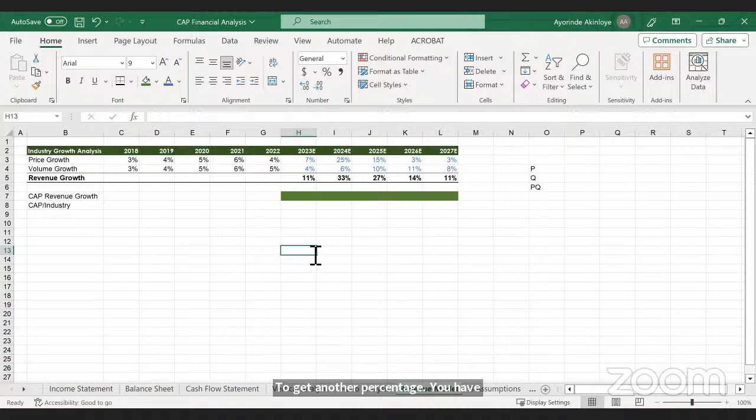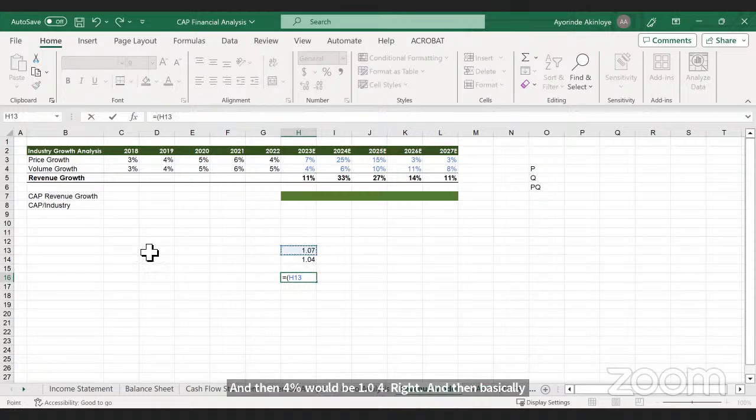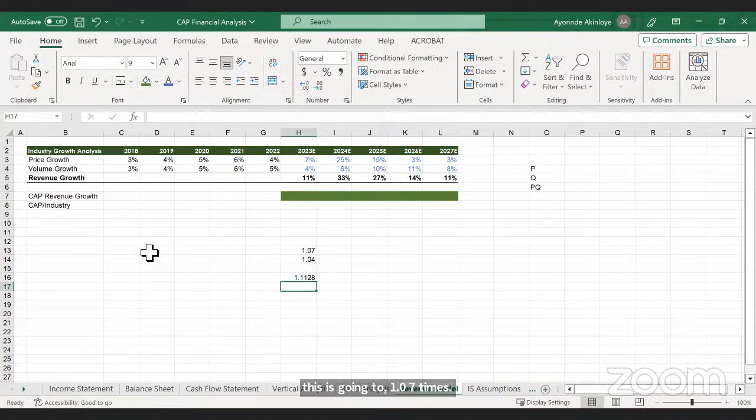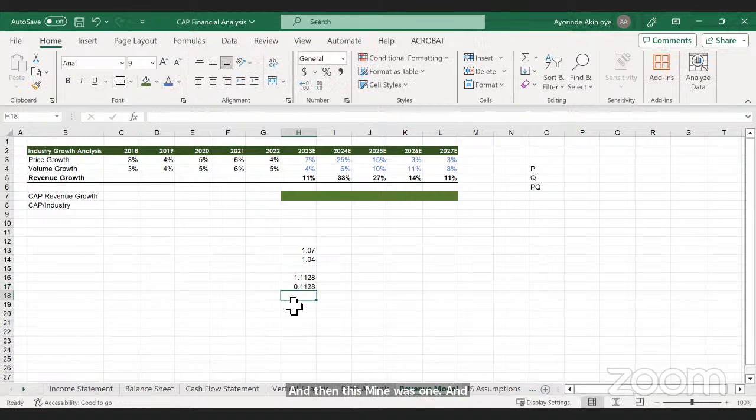So this 7% will be 1.07, and then 4% will be 1.04, right? And then basically you calculate 1.07 times 1.04, and then minus 1. And then you have your answer.